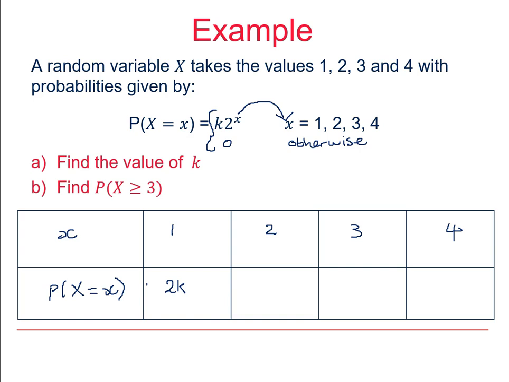The probability of getting 2 would be k multiplied by 2 squared, so that would give me 4k. The probability of getting 3 would be k multiplied by 2 cubed, so that's 8k. And the probability of getting 4 would be k multiplied by 2 to the power 4, which is 16k. And here we have our probability table for this random variable x.